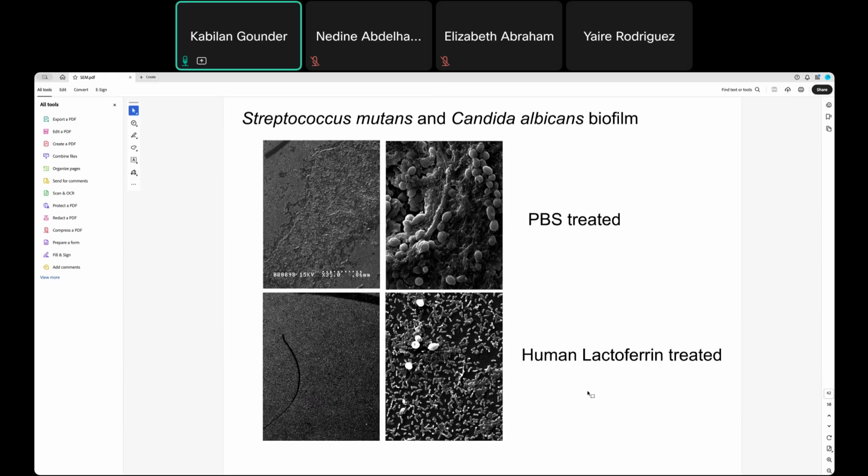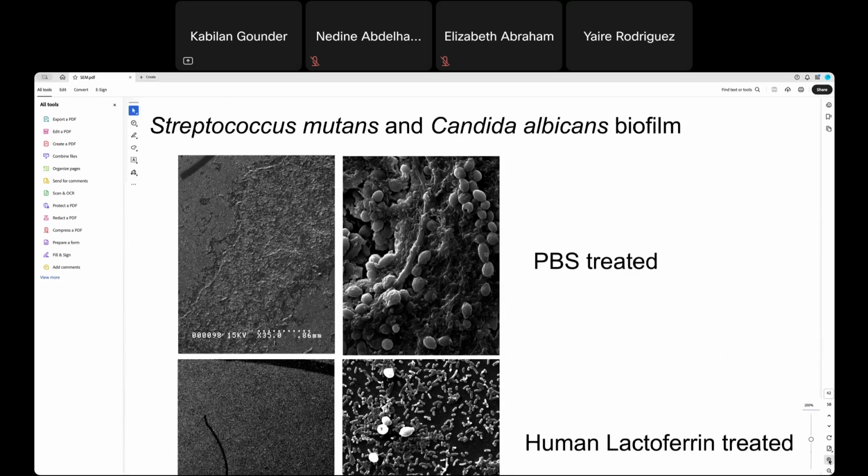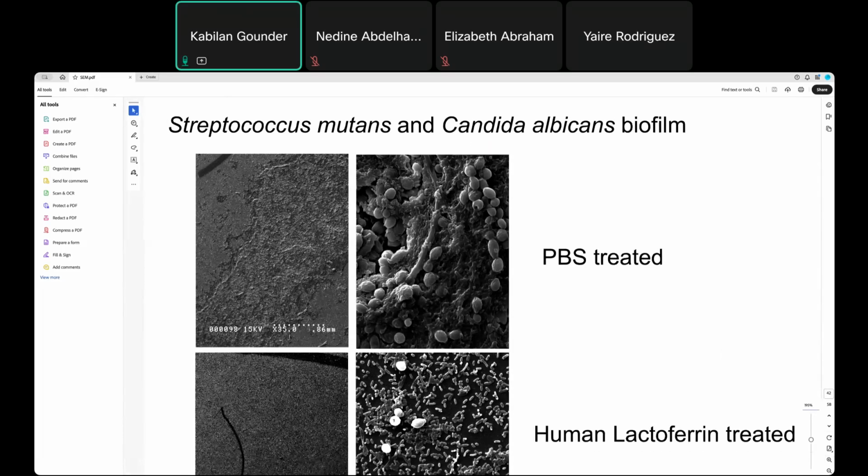You can see a dense biofilm in the PBS-treated sample, and when you increase the magnification, you can see both Candida albicans yeast cells as well as hyphae, and also a lot of Streptococcus mutans. At higher magnification, we can see on the hyphae the Streptococcus mutans colony attached to the hyphae.